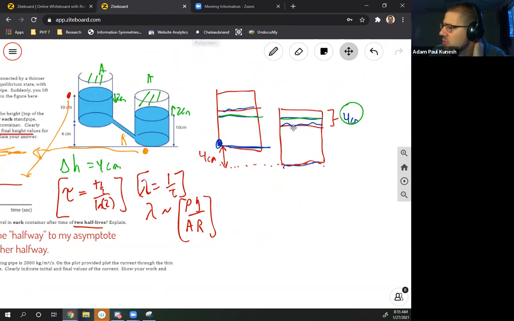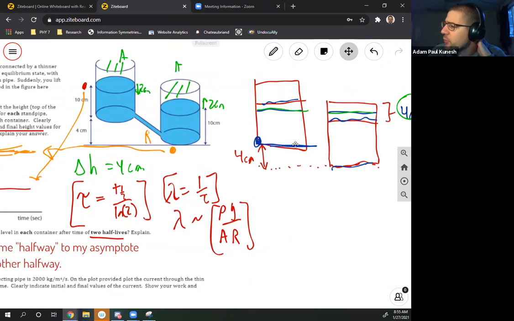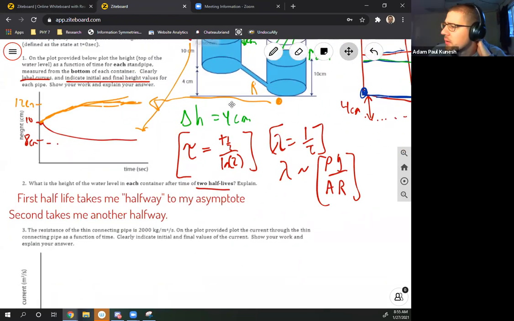Each of these water levels travels 2 centimeters to get to its equilibrium position. So it's going to travel 75% of 2 centimeters.